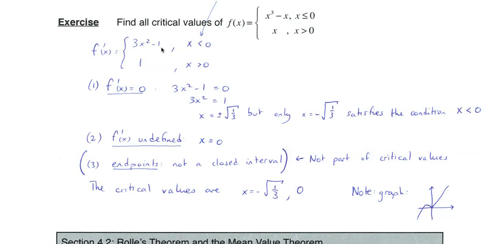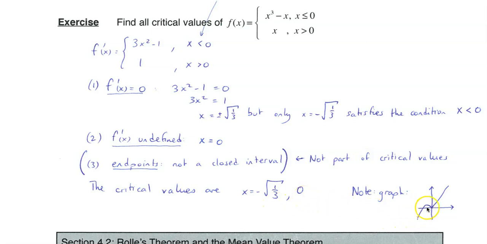And the successive derivatives of polynomials are always defined as well. And of course, 1 is always defined, so there's no other critical value here. We have talked about why the endpoints are irrelevant. It's not a critical value, so we shouldn't even have to talk about that. But moreover, we don't have a closed interval here, so there would be no endpoints. In conclusion, the critical values are x equals negative square root of 1/3 and 0.